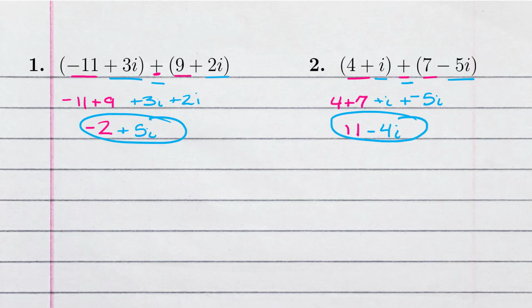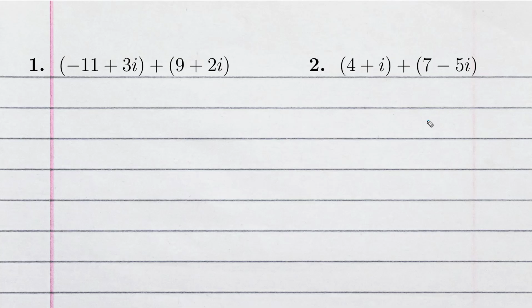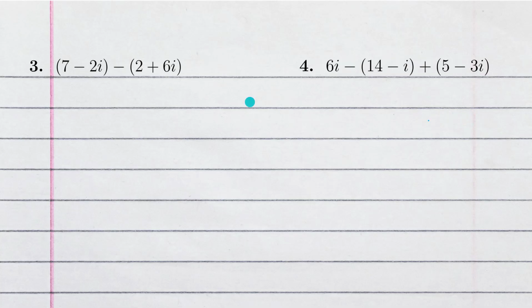So going on to a little bit more complicated ones, where we have subtraction or multiple operations. It's going to work the same idea. You're going to take your real parts. So our real part is 7 minus 2.